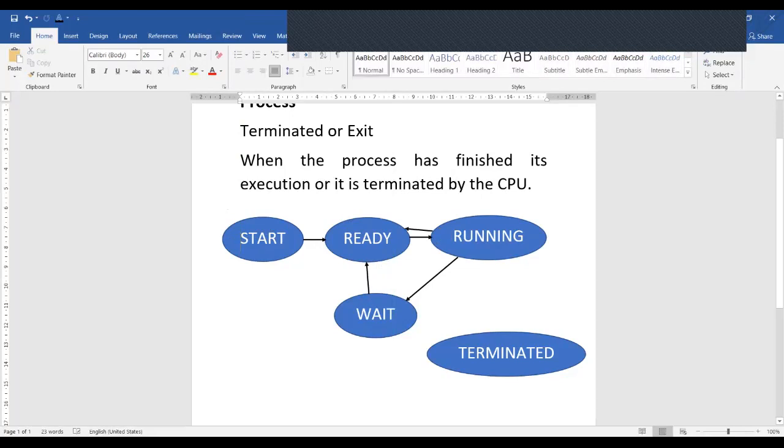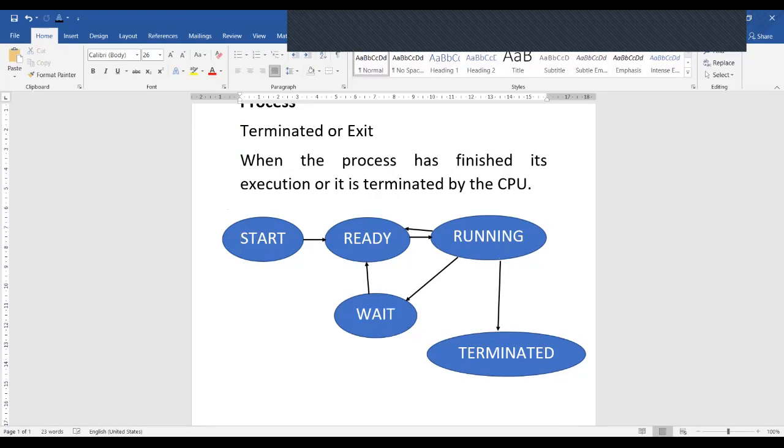And after the process has completed execution, from running state, it will reach the terminated state. This is the block diagram of different states of process.